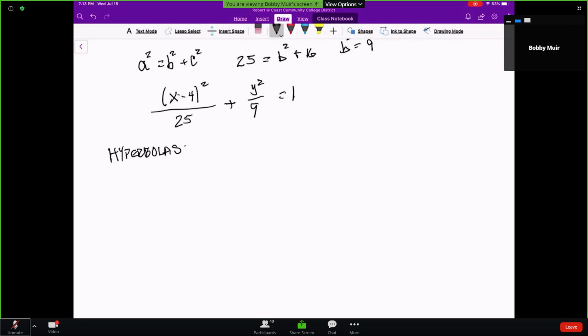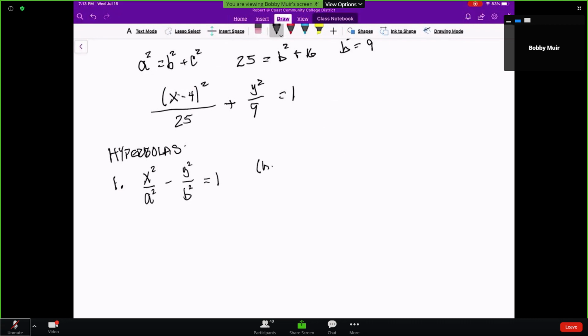Okay, so what we get here is two equations. The one basic one is going to be x squared over a squared minus y squared over b squared equals 1. This is a hyperbola that opens side to side.